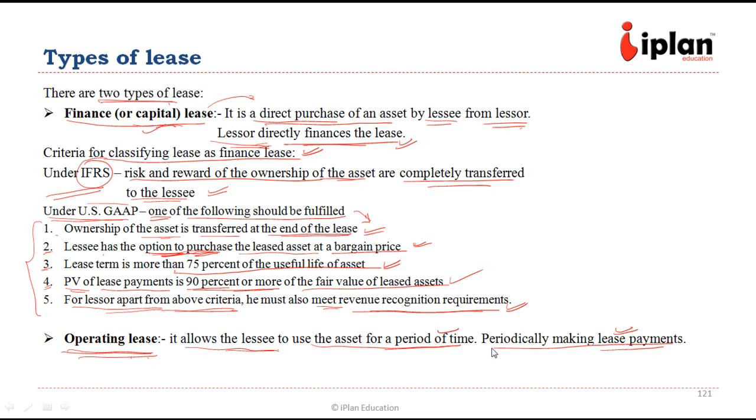So under operating lease, the lessee is not going to show the asset on its balance sheet. It is not going to depreciate the asset in its income statement. It is going to show only a payment, which will be an operating cash outflow. So that will have a positive impact on certain financial ratios. We will understand them in subsequent slides.